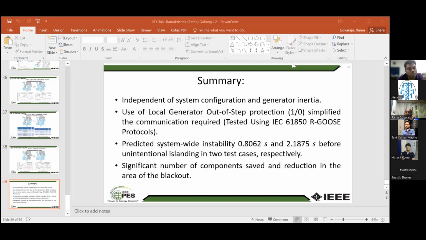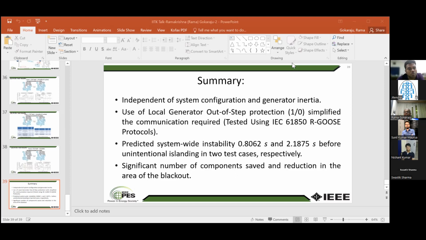If it lies between 0 and 180 degrees, it is going to be a stable condition. Just look at the equal area criterion condition. Say the initial angle is 30 degrees, in a single machine infinite bus representation.